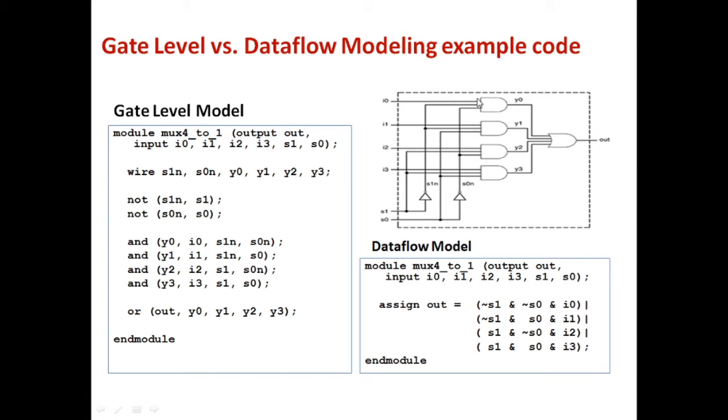If these three are acting as inputs for your AND gate, can I separate these three variables or three operands by using the ampersand or AND operator, like negation S1 and negation S0 and I0? Why not. In a similar manner, I can develop Y1, Y2 and Y3.